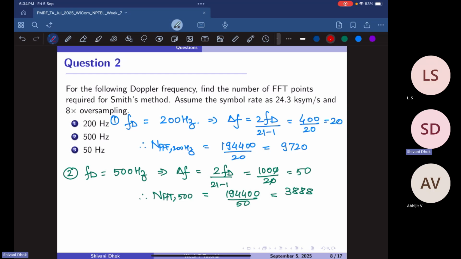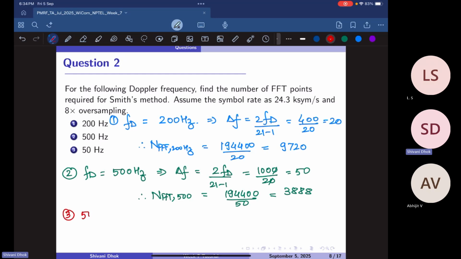And finally we have the third one, that is 50 hertz, and for this your frequency separation is 2FT divided by 21 minus 1, that is 100 divided by 20, which is 5.